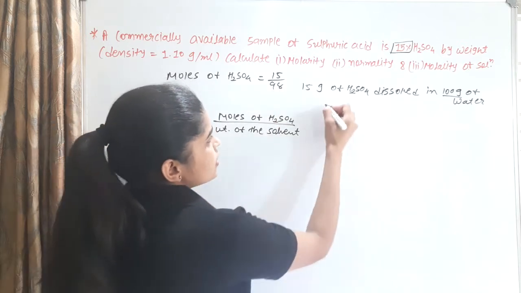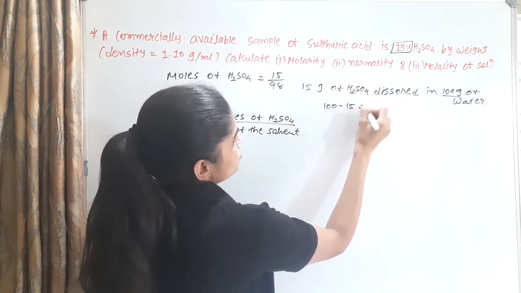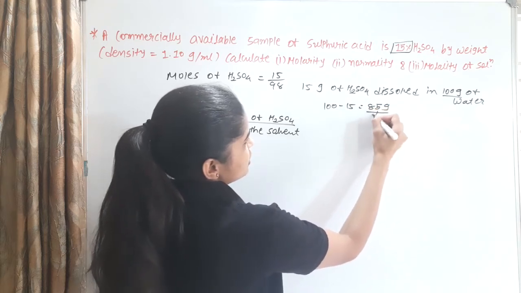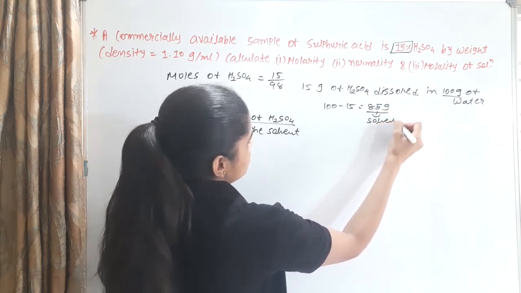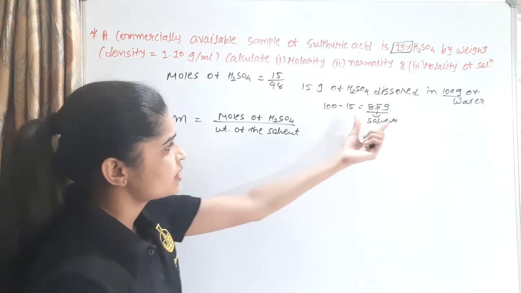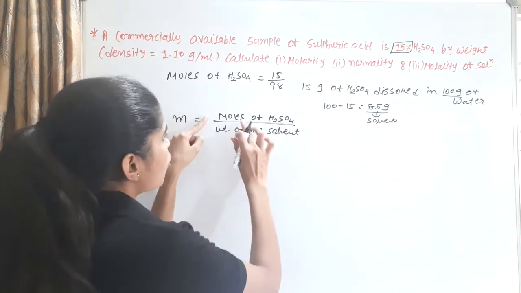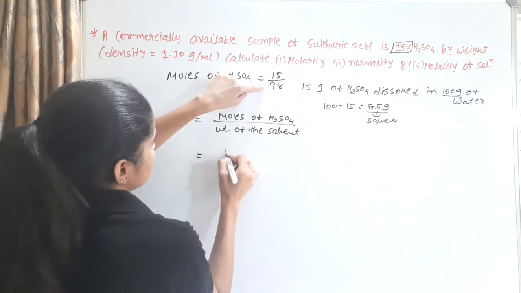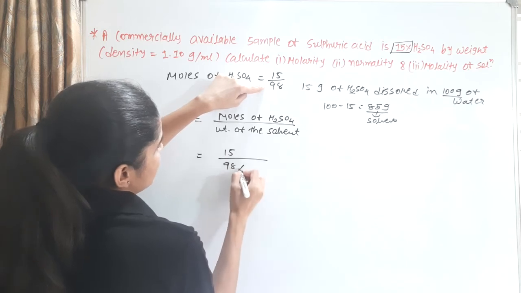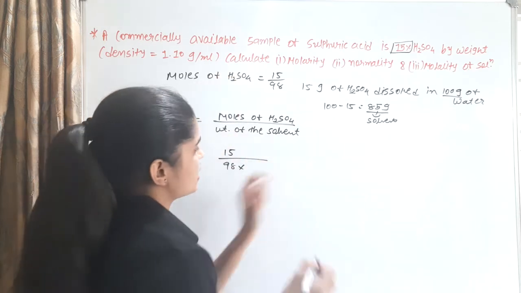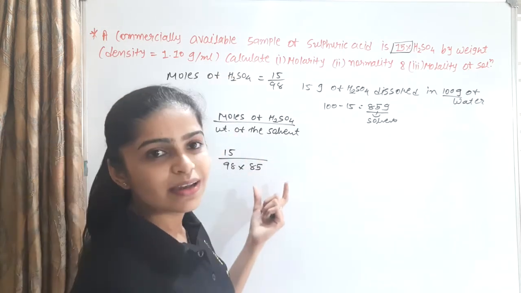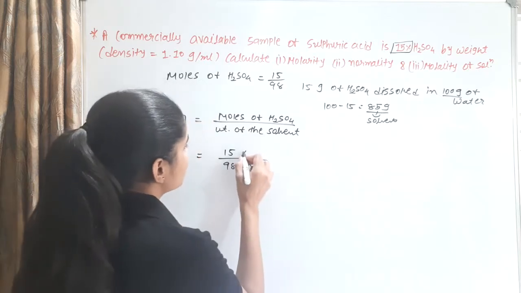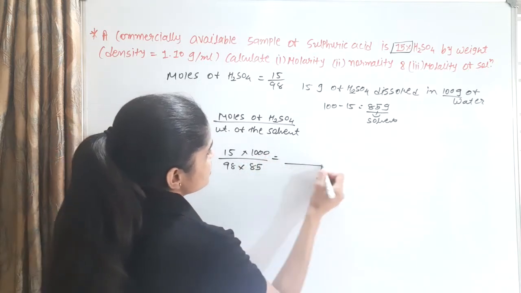We find the solvent as 100 minus 15, so 85 gram is the solvent. Moles of H2SO4 is 15 by 98 and weight of the solvent is 85 gram. This is in gram, so it's multiplied with 1000.